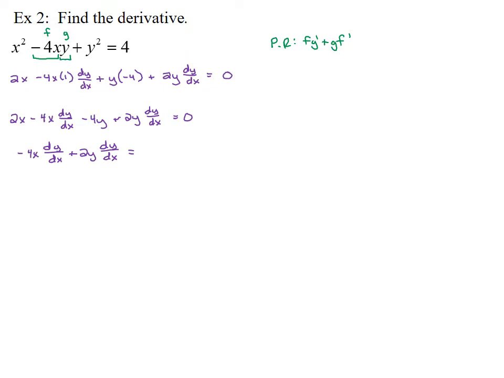The other two terms, the 2x and the negative 4y, I'm going to move to the other side of the equal sign to make this a negative 2x plus 4y. Now to turn both of these dy/dx's into one dy/dx, I'm going to factor out dy/dx, because it's in common, which leaves me a negative 4x and a plus 2y left over.